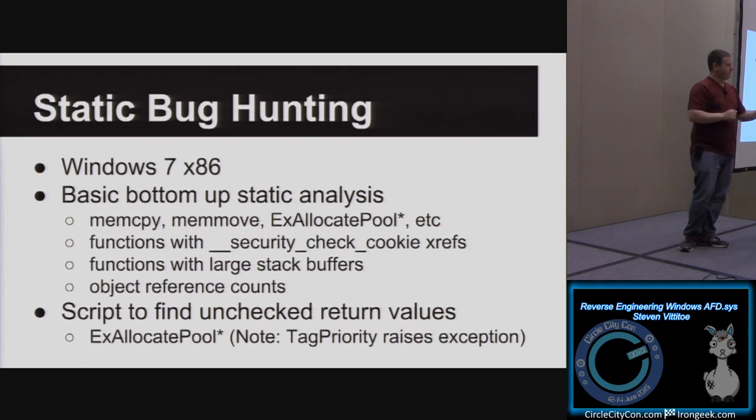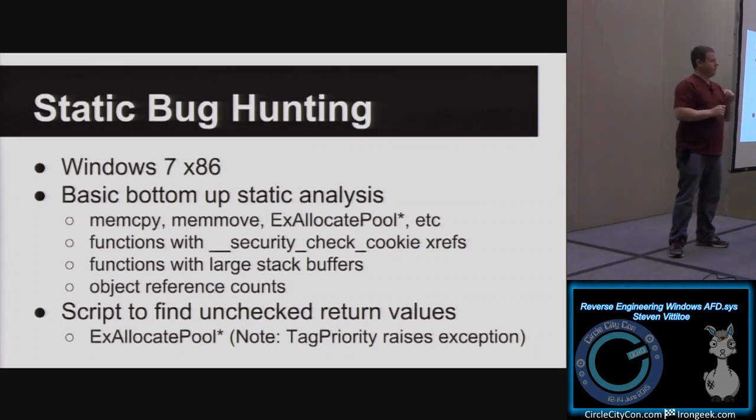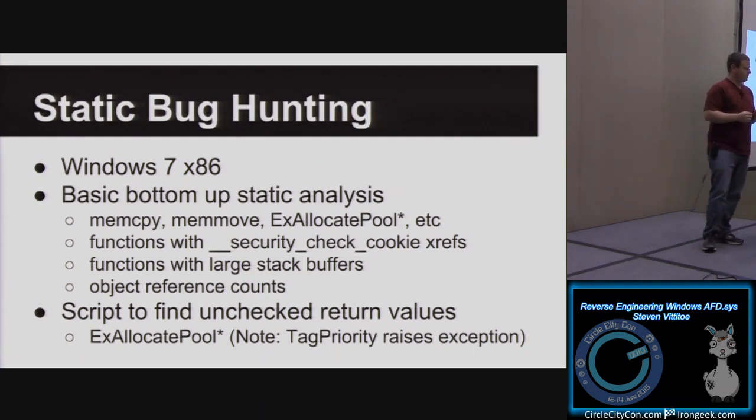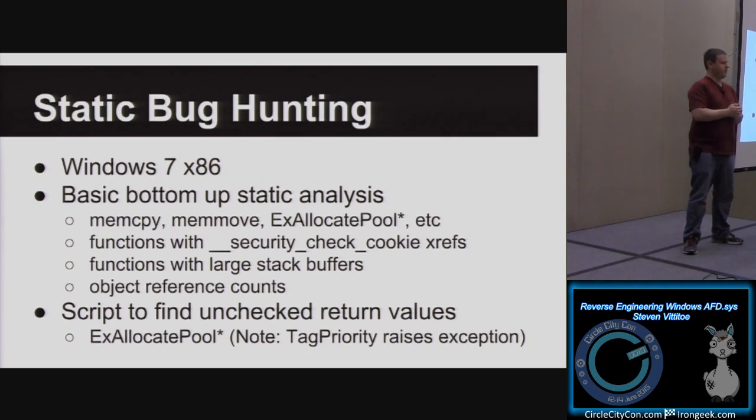And security check cookie cross-references will tell you all of those functions that are doing a lot of work with the stack. So I don't have to go looking for these things manually. The compiler told me where I should look. And you go back through those functions, and there's only a handful of them that actually use it in this driver. Most of the allocations are done on the heap or the kernel pool.